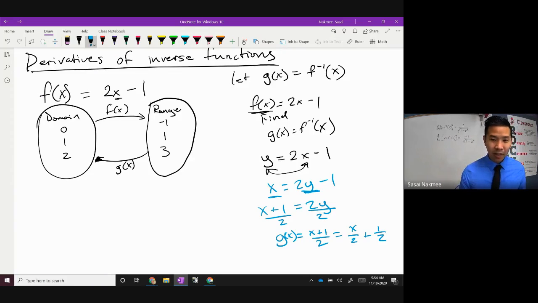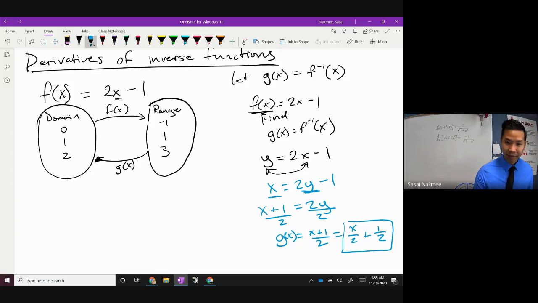Okay. Now, if you look at this inverse function of x divided by 2 plus 1/2, plug in a number from the range. For example, if I plugged in 3 into my inverse function, I will get 3 divided by 2, which is 1.5, plus 1/2. 1.5 plus 0.5 would give me 2.